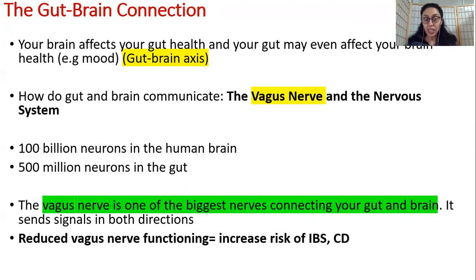Therefore, your gut has the capacity of synthesizing its own neurotransmitters. And the kind of neurotransmitter your gut synthesizes or triggers then affects your mood and mental health. So when you have a reduced functioning of vagus nerve endings, there is an increased risk of ulcerative colitis and inflammatory bowel symptoms and syndrome.